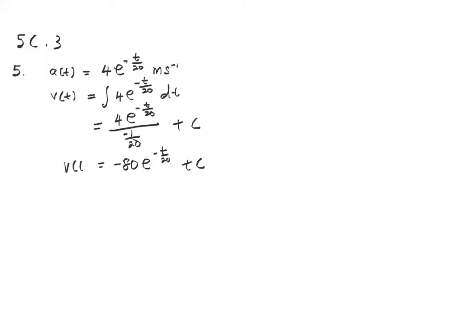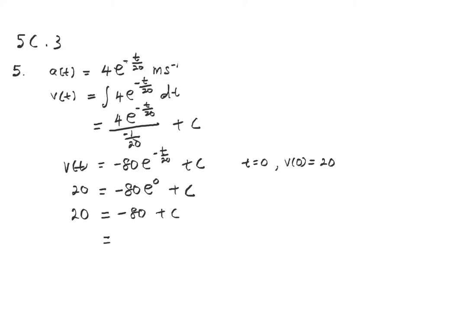You read the first part, the question says the object has initial velocity of 20. That means t equal to 0, v(0) is 20. So you put in: 20 equal to negative 80 e to the power 0 plus c. You have to be very careful, e to the power 0 is 1.